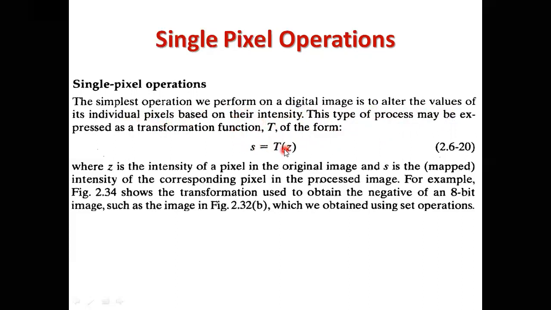Here we are taking S equal to T of Z, where Z is the intensity of a pixel in the original image and S is the intensity of the corresponding pixel in the processed image.